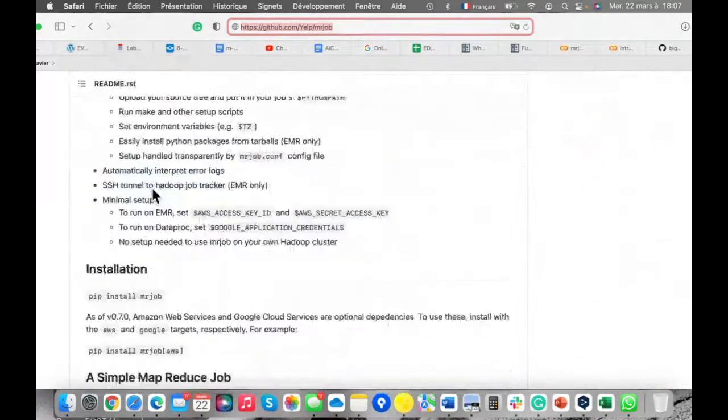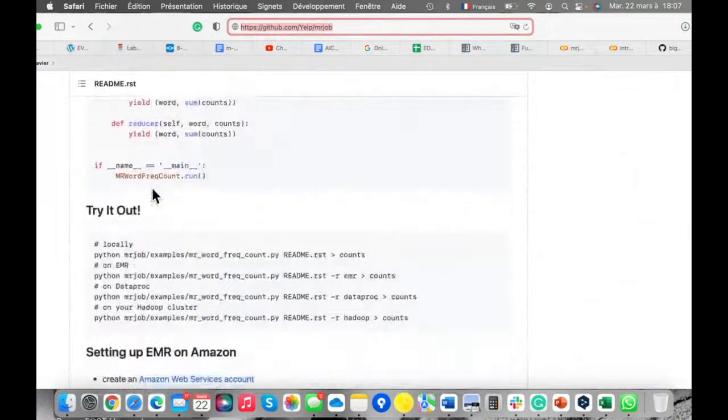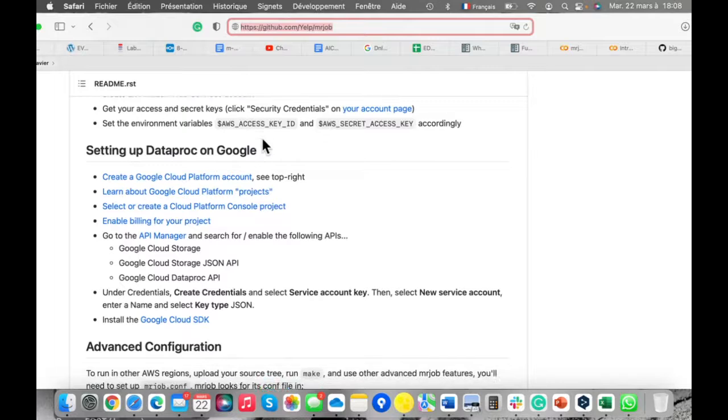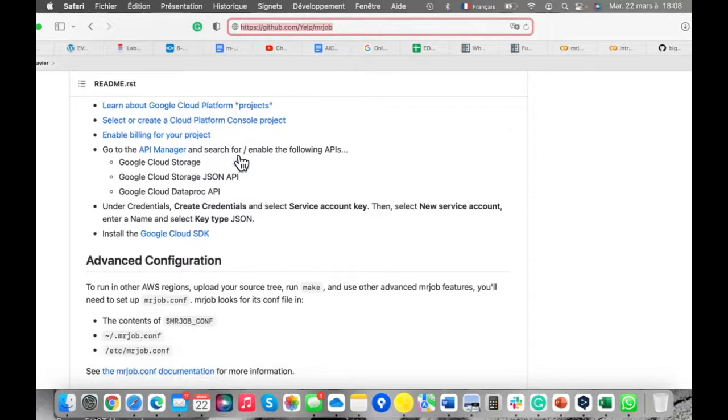And then here, they tell you how to install, and they provide you help on how to set up EMR, which is the environment provided by Amazon in order to execute on Hadoop engine. They also provide you with instructions for Dataproc in Google.